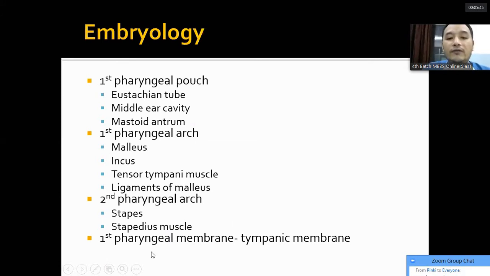When the first pharyngeal pouch and pharyngeal cleft extend, they thin out the mesoderm and a membrane forms. This first pharyngeal membrane gives origin to the tympanic membrane. So the first pharyngeal pouch gives the Eustachian tube, middle ear cavity and mastoid antrum; the first pharyngeal arch gives the Malleus and Incus; and the second pharyngeal arch gives the Stapes and the stapedius muscle.